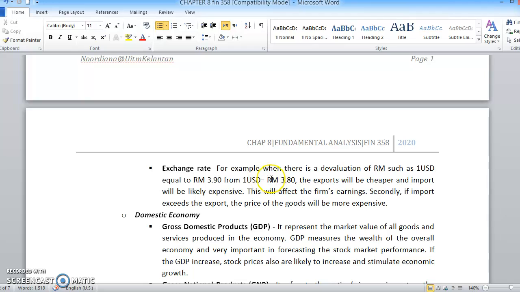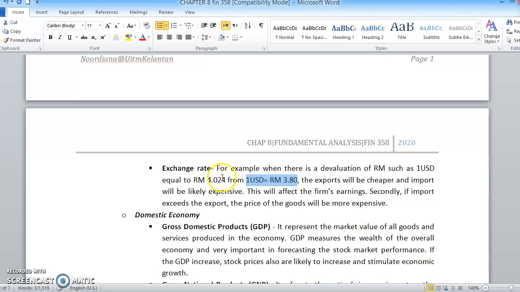Okay, RM to exchange to 1 US dollar is 3.8. So what is the rate right now? Okay, right now it's actually 4.024, for example. Just take a look at how much we have already suffered, right? Because why?